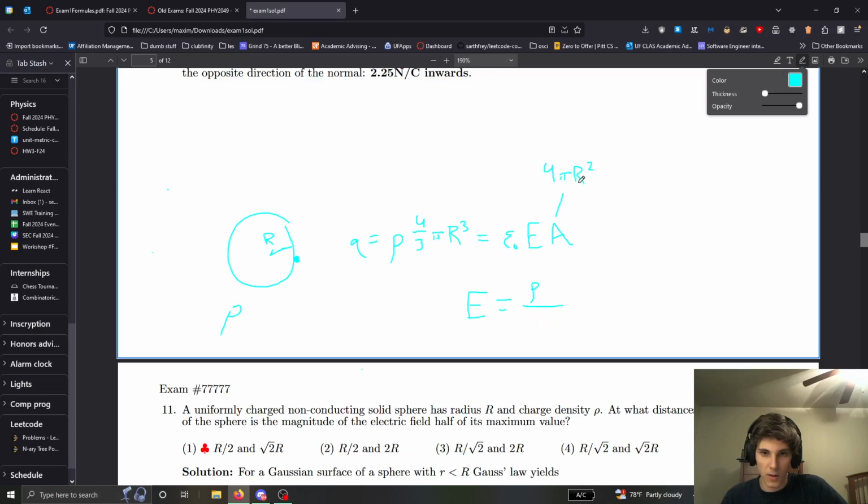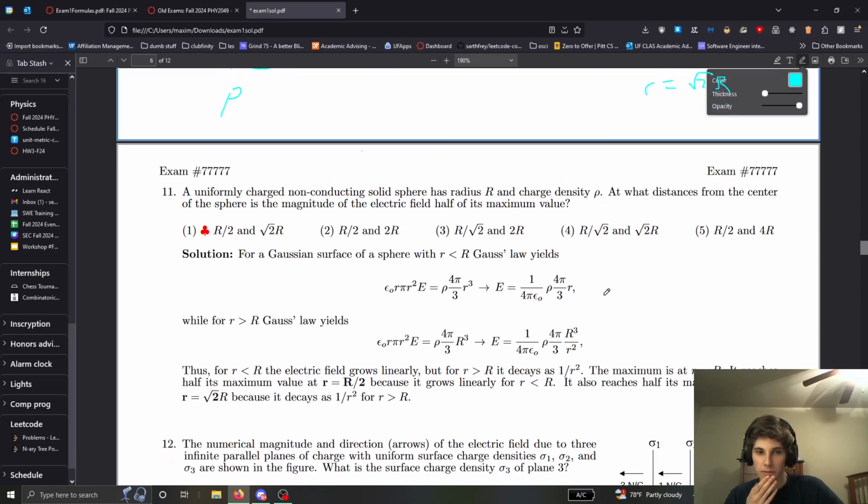And the r here is more so a little r, because it's dependent on the actual surface you're making and not the max surface here. So the electric field will always be proportional to the big R cubed over the little r squared. But the max r, if you multiply this by the max r, which is R over 2, you can solve it and you'll get r equals root 2 R. But honestly, I would just plug this stuff in.